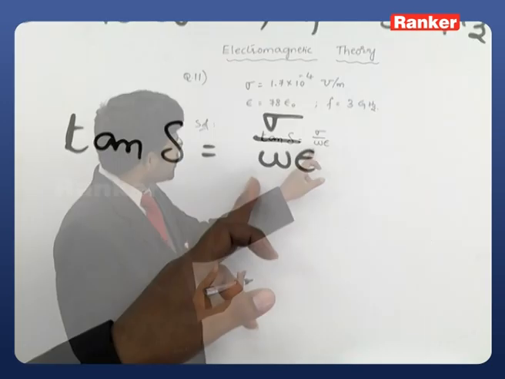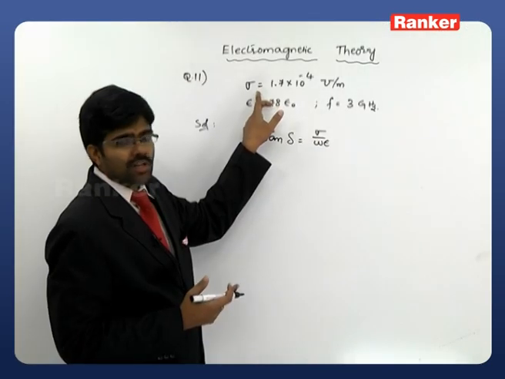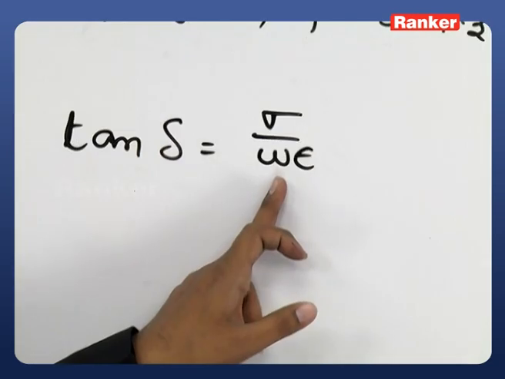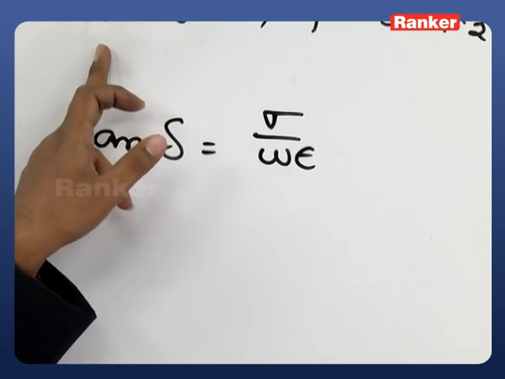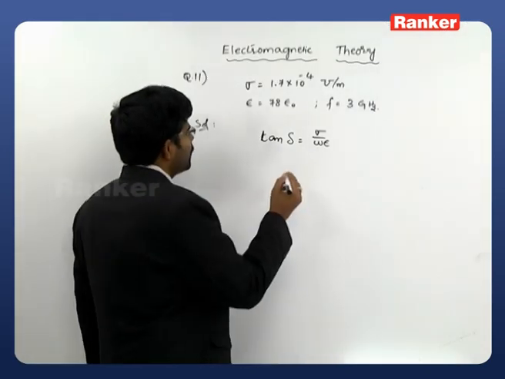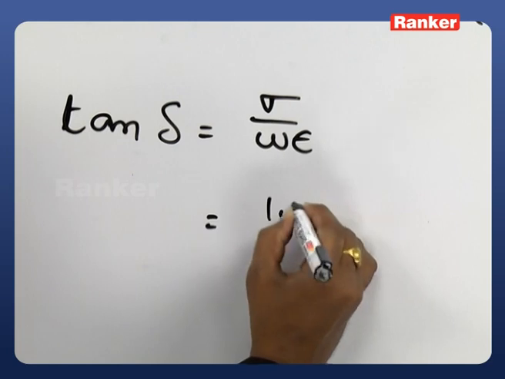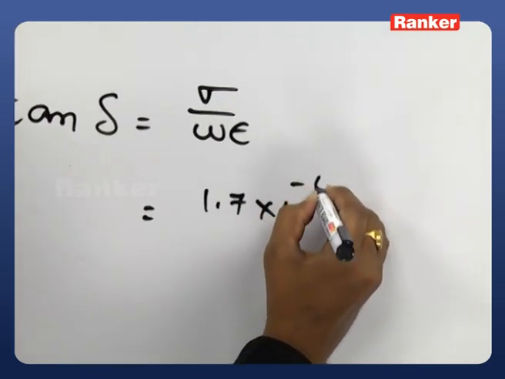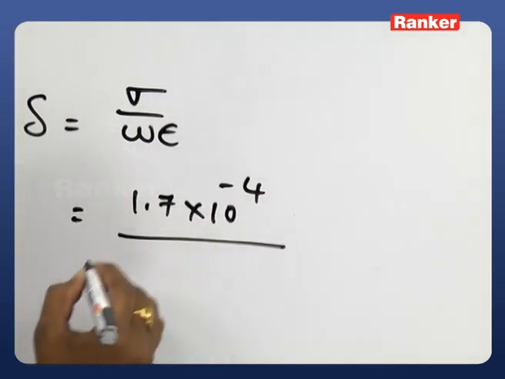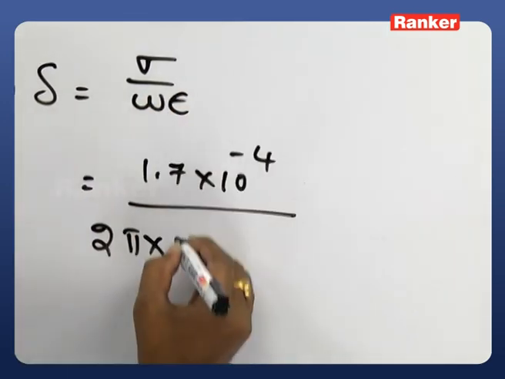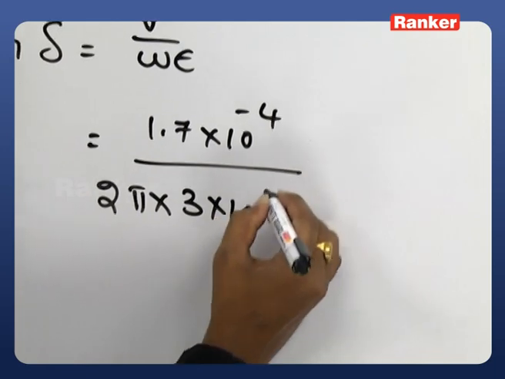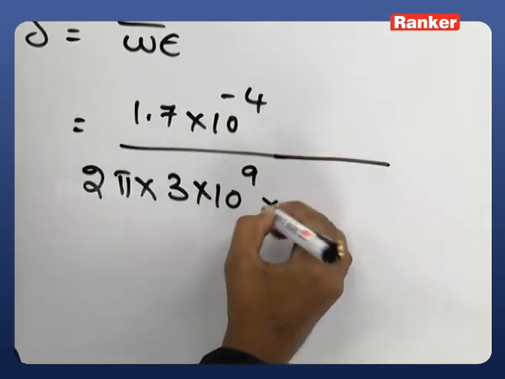So directly observe this equation: sigma is given for us, omega we have to calculate from f, and epsilon is also given to us. So a direct substitution is enough here, which is equal to 1.7 multiplied with 10 power minus 4 divided by omega, which is 2 pi f. So 2 pi into f, where f is 3 gigahertz, that is 3 into 10 power 9, multiplied with epsilon.